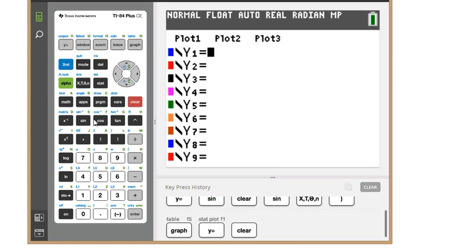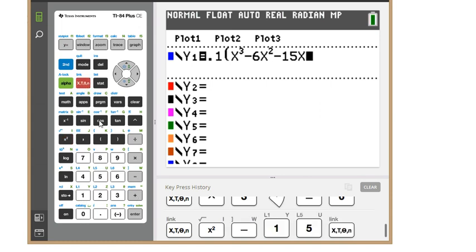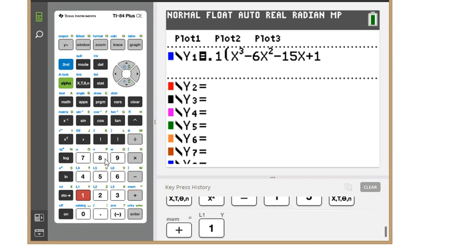Clear. We're going to put 1/10, so I'm going to make that 0.1, x to the third power, minus 6x squared, minus 15x, plus 18, close parentheses, graph.